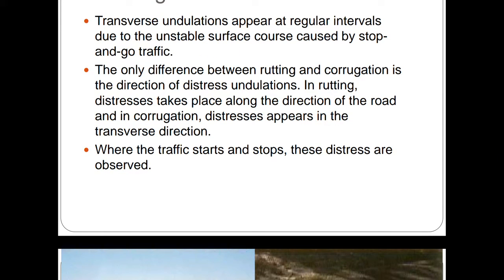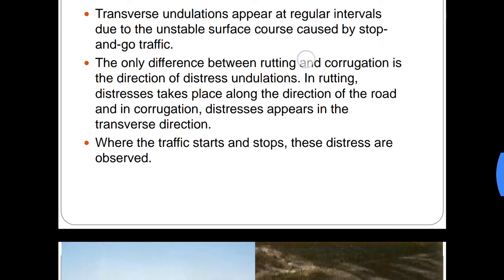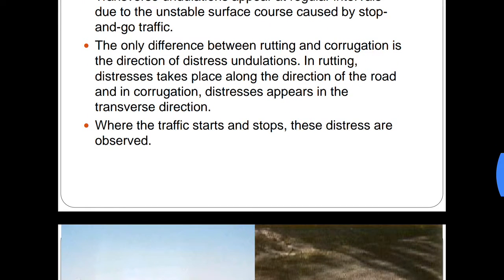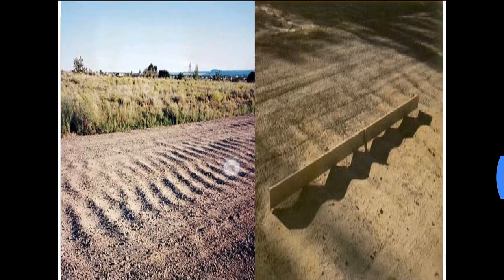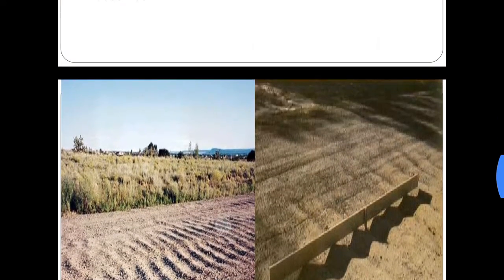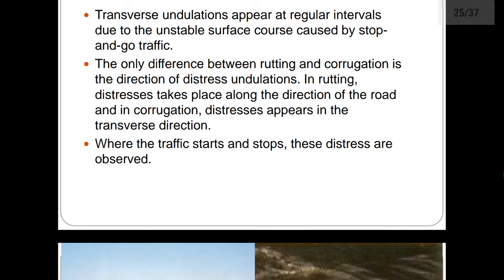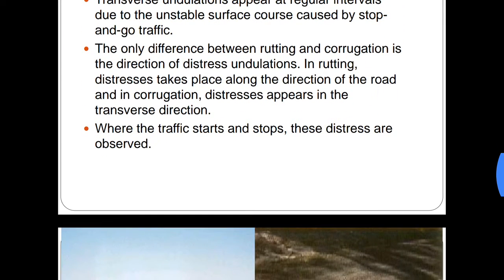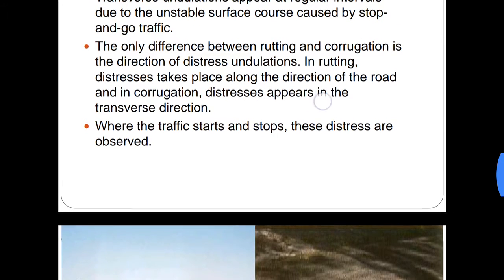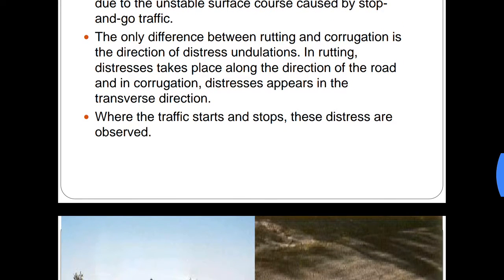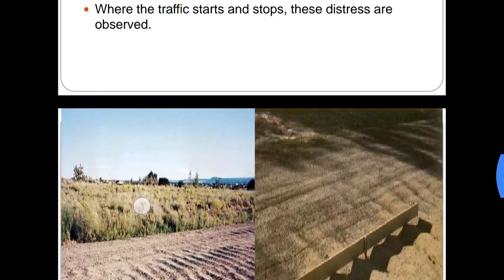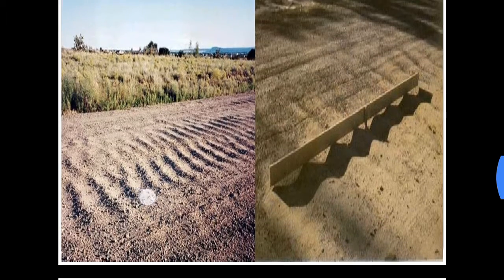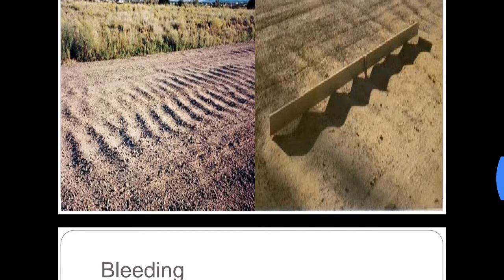The only difference between rutting and corrugation is the direction of the undulation. In rutting we have longitudinal undulation and here we have transverse undulation. These ripples or waves can be formed at the spots where the traffic will either start or stop.